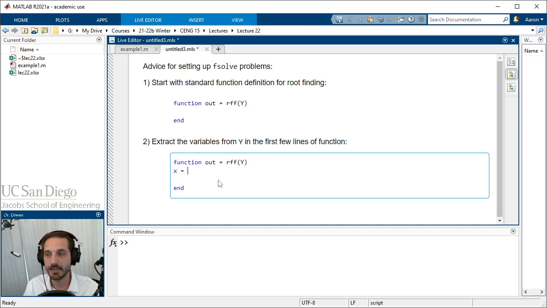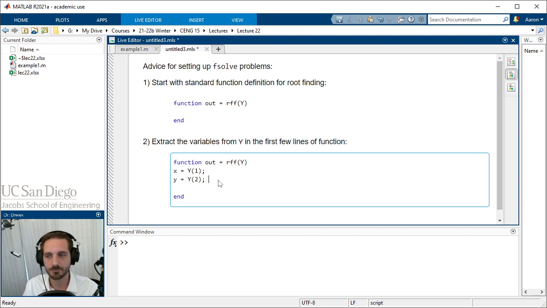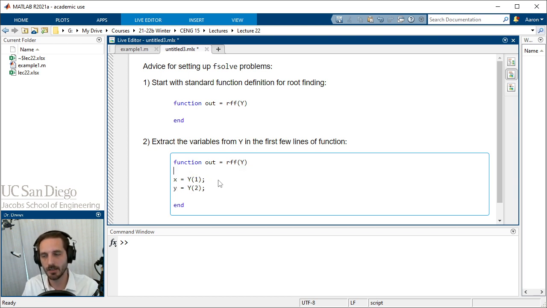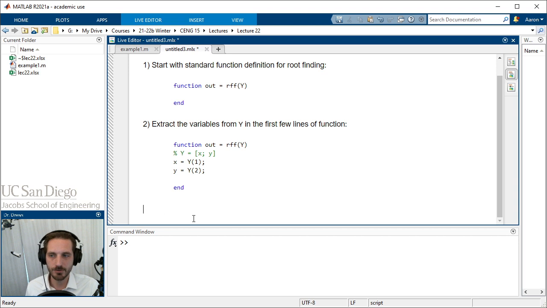So in our case, x is going to be from y of 1, and y is going to be from y of 2. Remember that when we wrote this out, we had originally defined it as x and y, as being capital Y. So right away, we extract those variables. The advantage of doing something like that is it's typically a lot easier to write the remaining functions without having to remember that x is the first value of capital Y and y is the second value of capital Y.